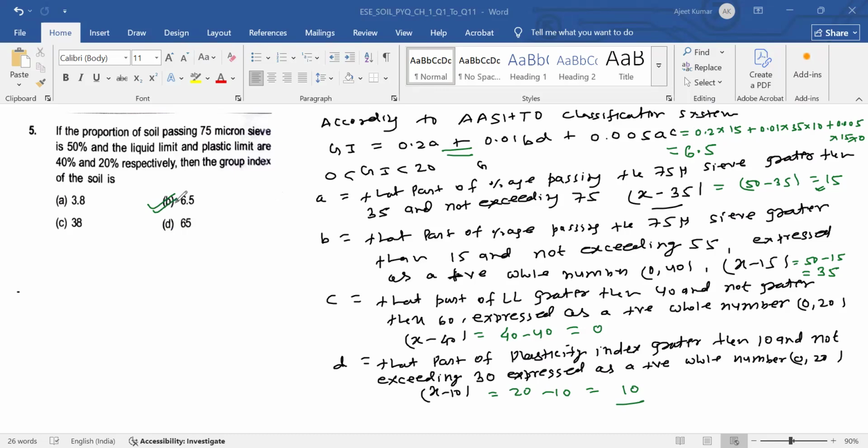Furthermore, if we further describe group index, let me tell some points about this.